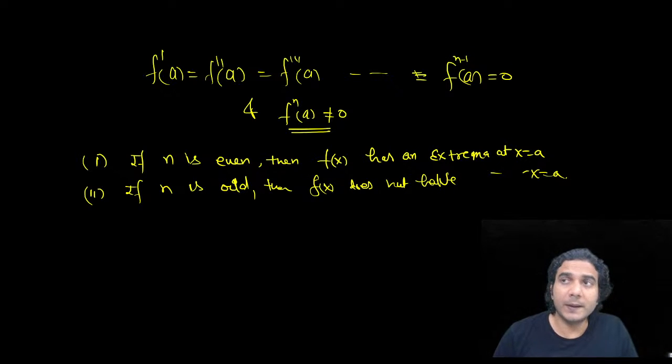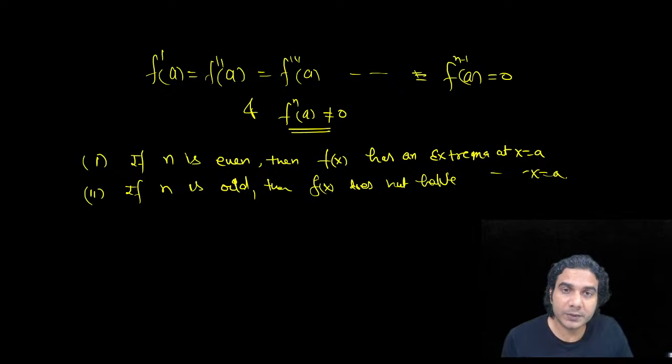So I hope this point is clear. Like if we are differentiating a function and checking at a point, f dash comes out to be 0 at say 1, then we check f double dash to see whether it is a point of extrema or not. If f double dash 1 comes out to be non-zero, then yes, it will have. If f double dash comes out to be 0, then we can't conclude anything. We'll have to check f triple dash.